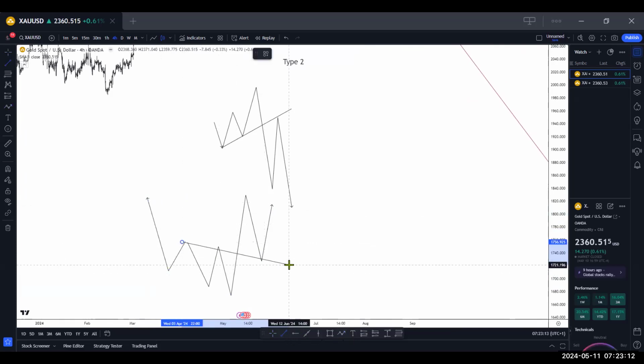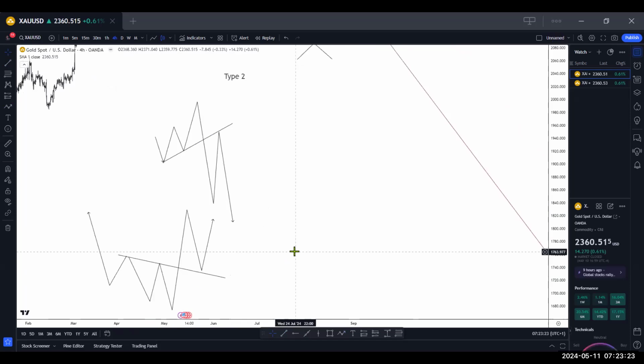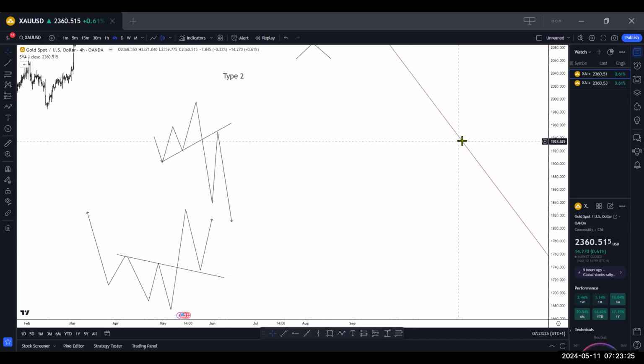First touch, second touch, this is your entry. So this is TL2 reversal. TL2 reversal.